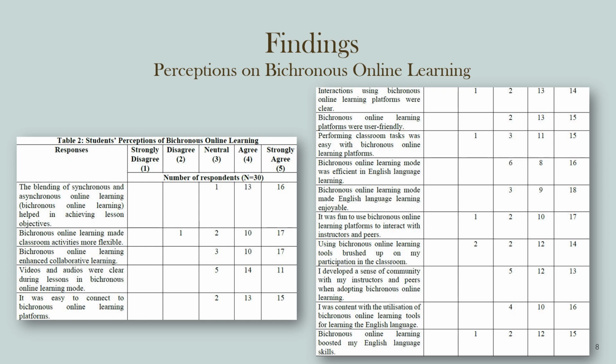The results also reflect that performing tasks using bichronous platforms was easy and promoted fun interaction between students and instructors and among peers, thus fairly developing a sense of community within the classroom and enhancing their participation in class activities. As to the use of bichronous mode in learning English as a second language, most of the respondents were content and denoted that it was efficient, enjoyable, and amplified their English language skills.